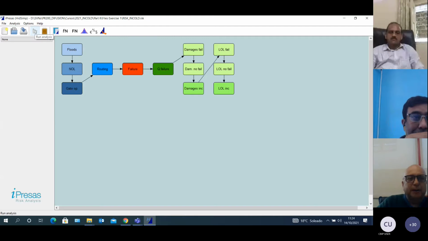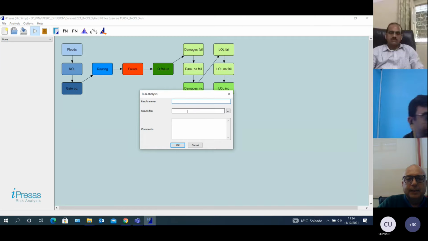And then we can go here, run analysis, and we have to select a name for the results and for the file where the results will be kept. So call this base case, I think that's the best name, base case.